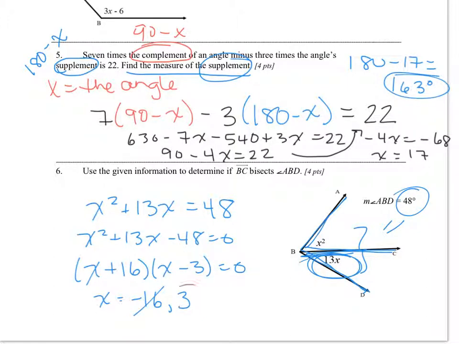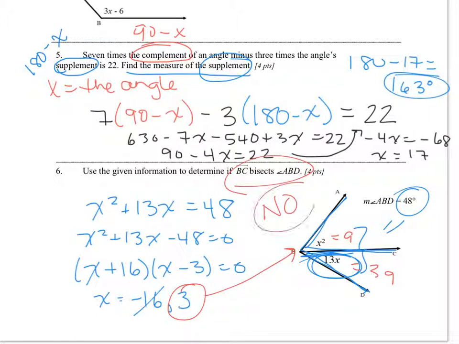So we're going to use the positive 3, plug it in here. If we plug positive 3 into x squared, we get 9. If we plug it into 13x, we get 39. So, no. Because these 2 angles are not congruent, angle ABD is not bisected, because angle ABC and angle CBD are not congruent.